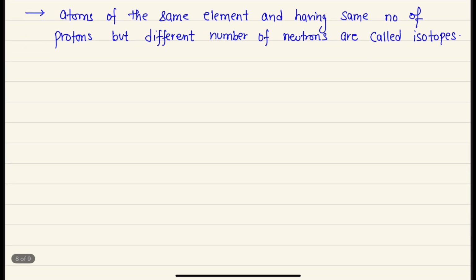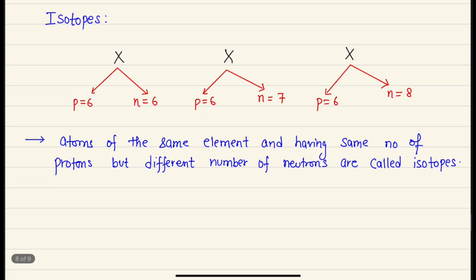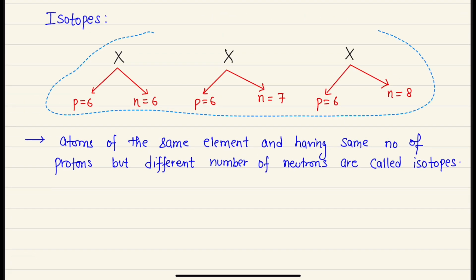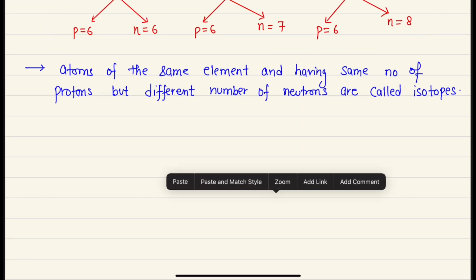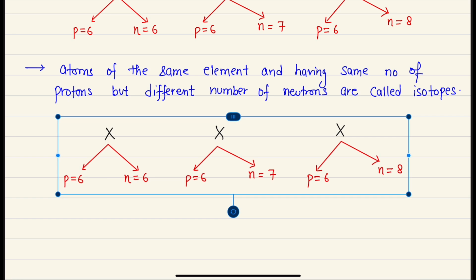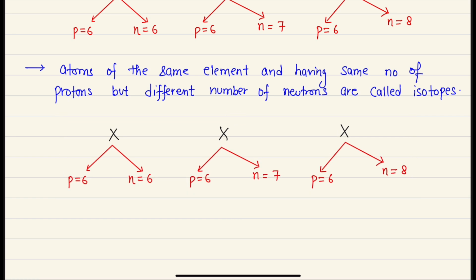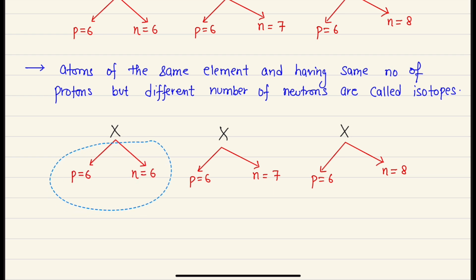Okay, now I will copy this one again. Now we find the mass number. What is the mass number of this atom? A very important concept will be clear from this example I am taking now.